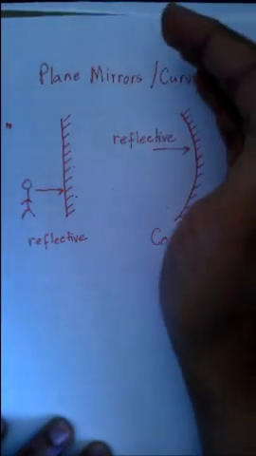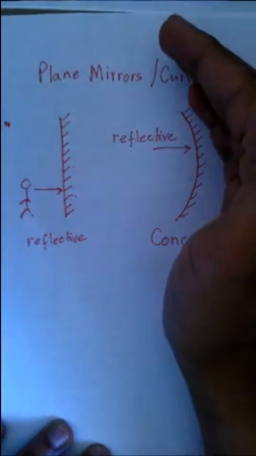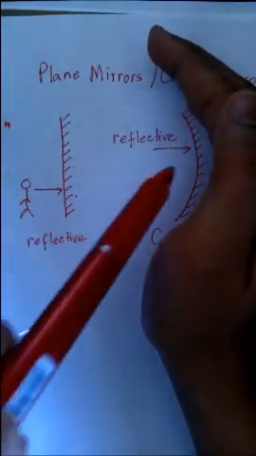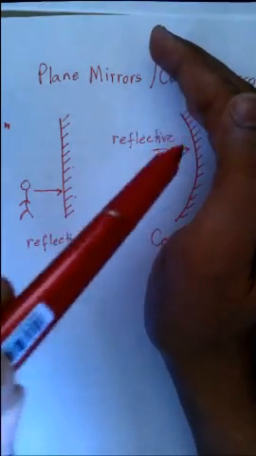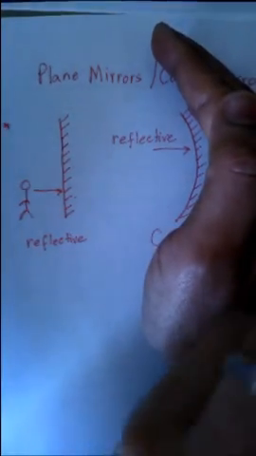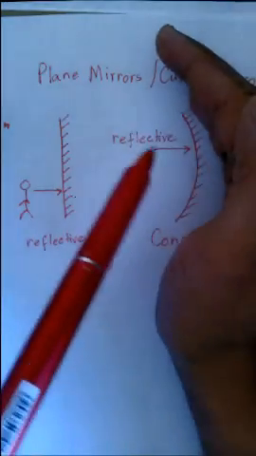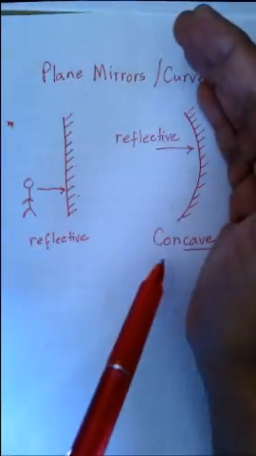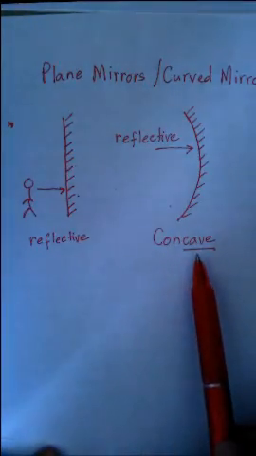Now take your hand, cup it around your curved mirror. You will see a cave-like formation here. That's the inside of the cave, and this is the outside of the cave. If the reflective surface is towards the inside of the cave, the mirror is known as the concave mirror.